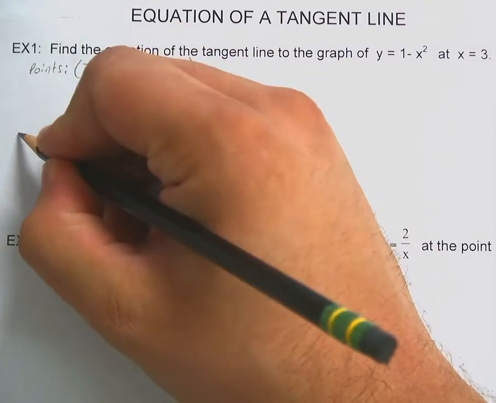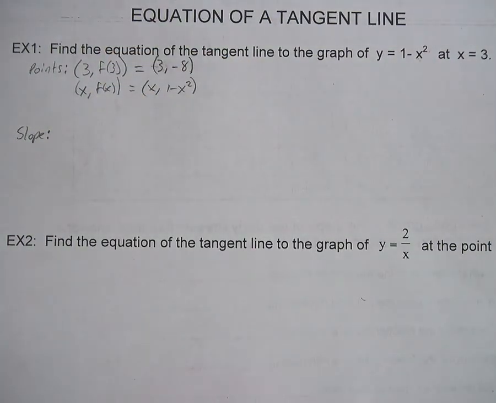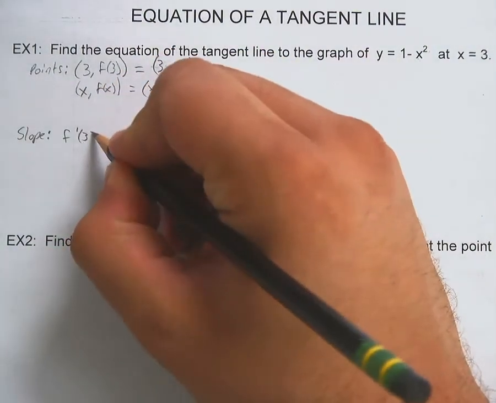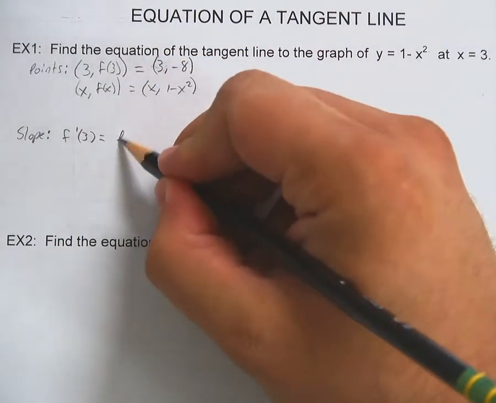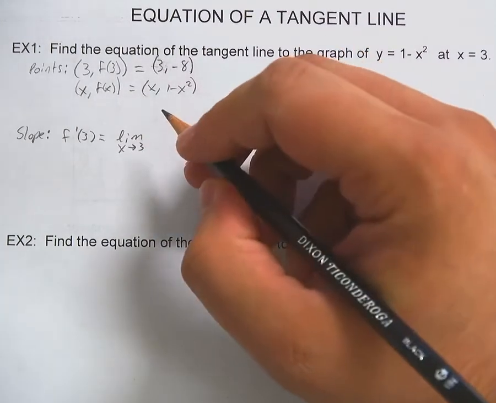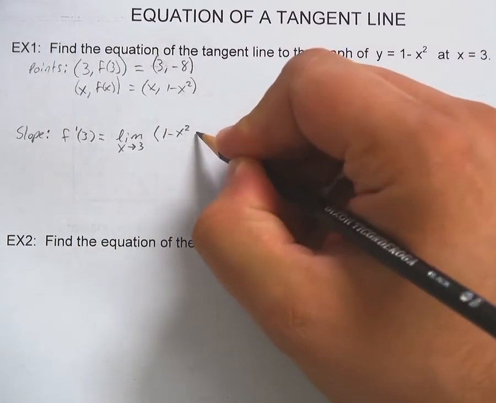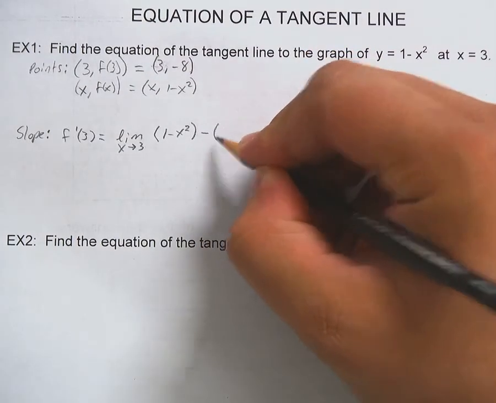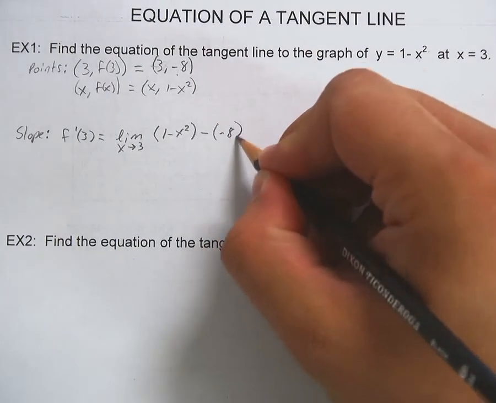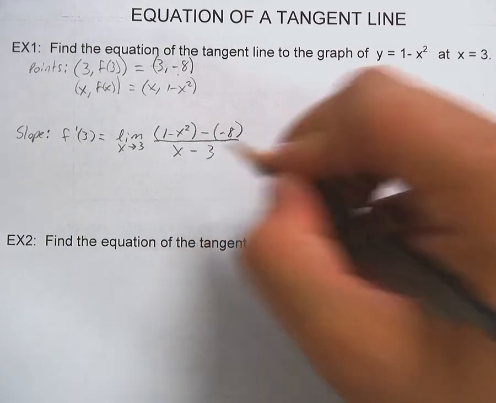Okay, so here's your point. The next thing I'm going to come up with is the slope. And how do you come up with the slope? f prime of 3 is equal to the limit as x goes to 3 of f of x, which is 1 minus x squared, minus f of c, which is negative 8, over x minus c.